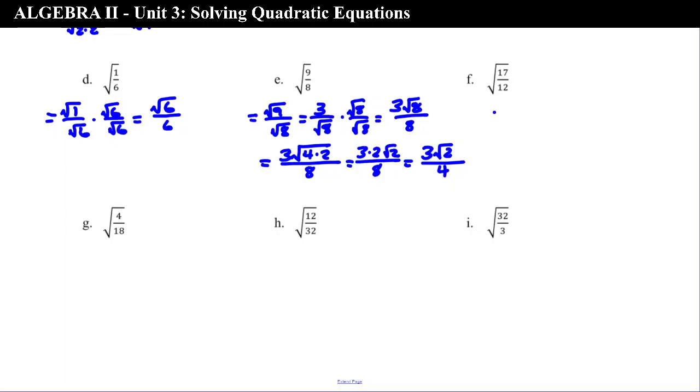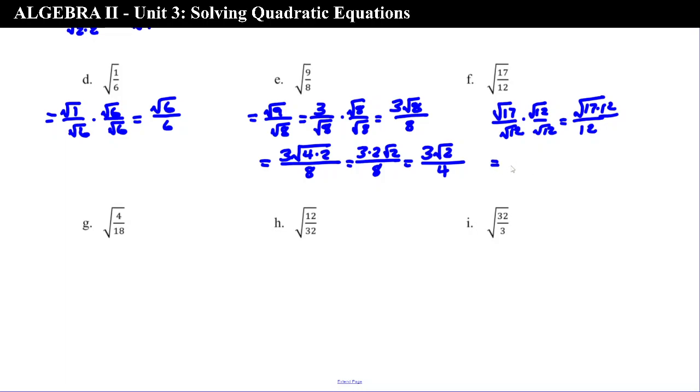In f, we have the square root of 17 over the square root of 12. If we multiply the top and the bottom by the square root of 12, we're going to end up with 12 in the bottom, but I'm going to keep the top as 17 times 12 underneath that radical sign, because it's easier to simplify this 12 than to put it together and try to figure out what our perfect squares are.